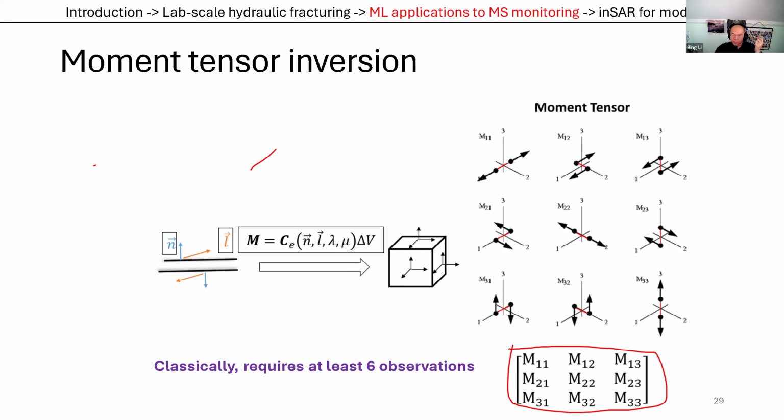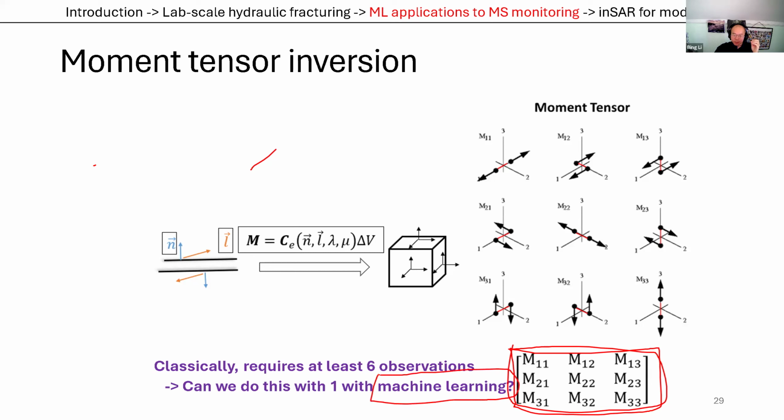Classically, to invert for a moment tensor from microseismic data, you usually want at least 6 observations to be able to constrain this tensor. You can obviously do it with fewer if you do full waveform inversion, which is really what we're trying to get at with our machine learning model: to see what we can get out of this moment tensor using just one sensor.